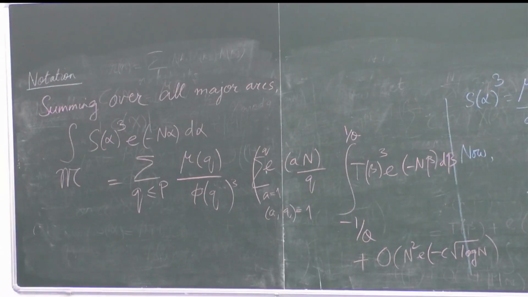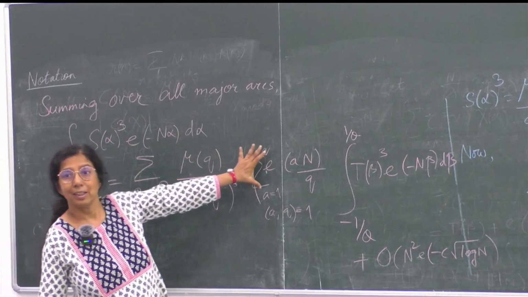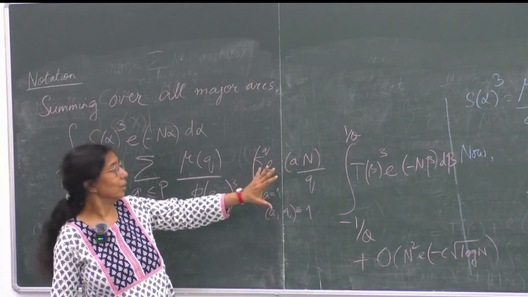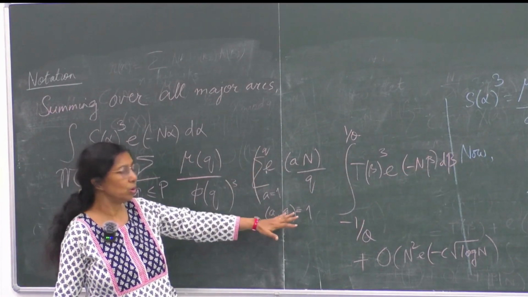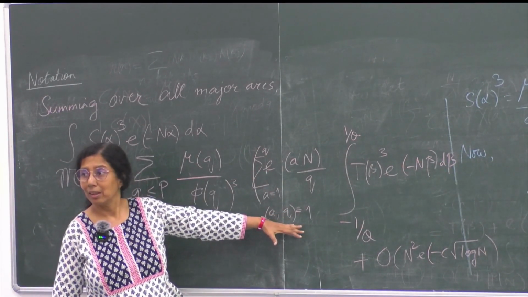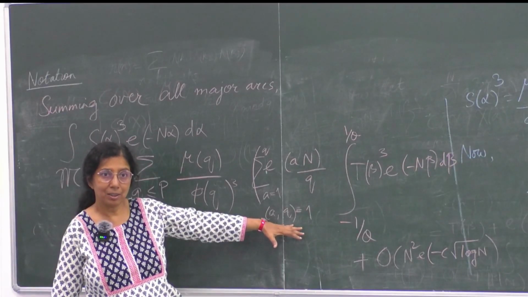And what's the inside sum now? Does this exponent ring a bell? Exponential an by q, a from 1 to q, a and q co-prime. It's similar to the Gauss sum.